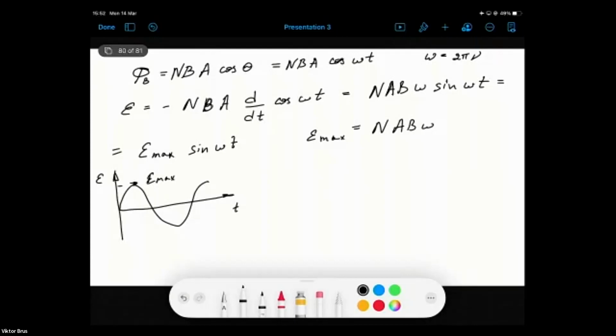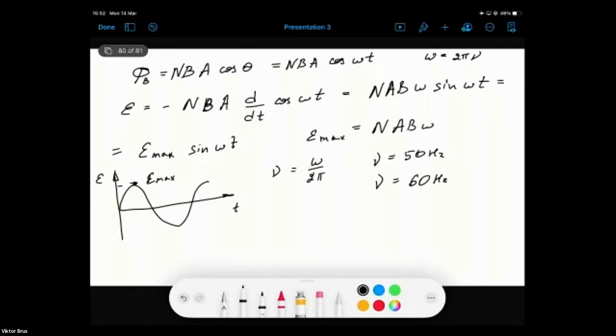What is also important to highlight is that the frequency is nu, which will be omega divided by 2 pi. For instance, in Kazakhstan, and also all over Europe, nu is 50 hertz in the electrical system. In North America, like the United States and Canada, this frequency is 60 hertz.